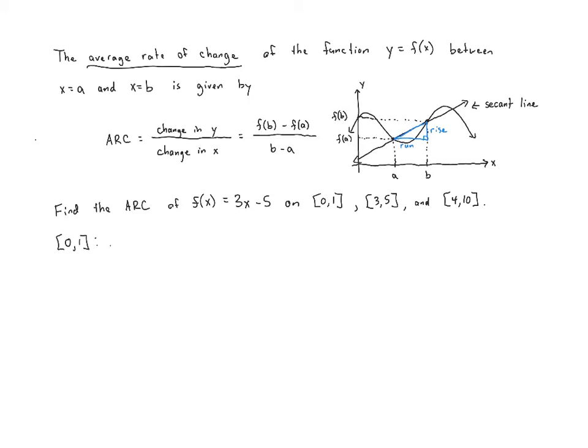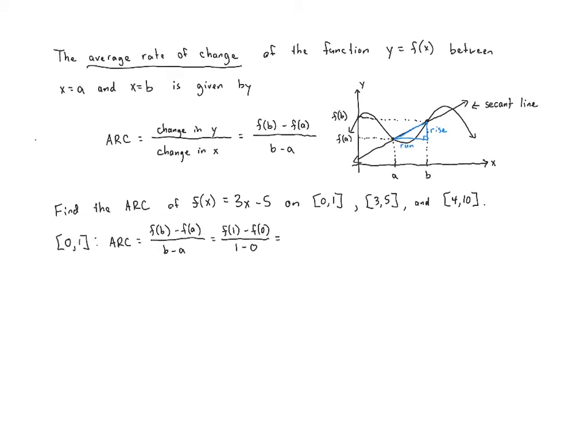So we know that the average rate of change is given by f of b minus f of a over b minus a. In this case, that's going to be f of 1 minus f of 0 over 1 minus 0.